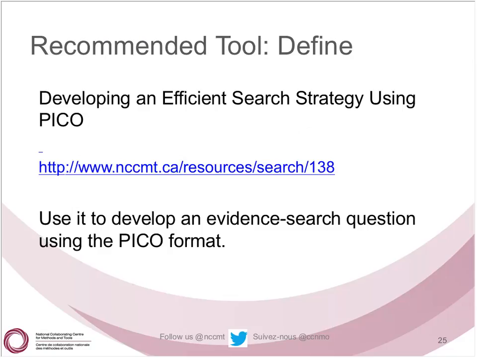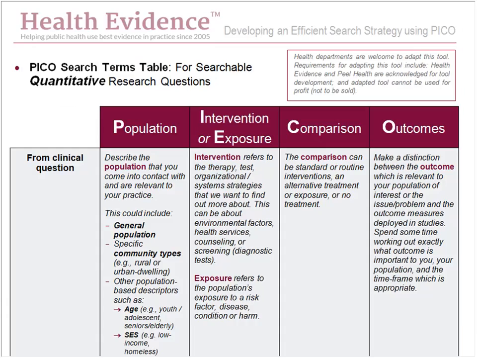The link is here, and as I said, these links will take you to the NCCMT Registry, where you can read a summary of this tool, as well as go to the link for the actual tool. The actual tool looks like this, and it comes to us from our friends at Health Evidence. And you'll see PICO right across the top there: population, intervention, or sometimes it's called exposure, comparison and outcomes.